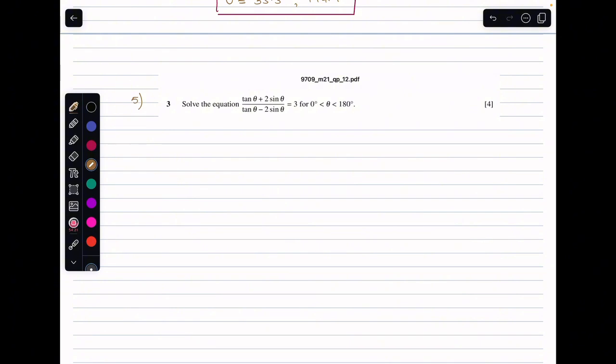The question says we have to solve the equation (tan theta + 2 sine theta) divided by (tan theta − 2 sine theta) equals 3, for 0 degrees less than theta less than 180 degrees.